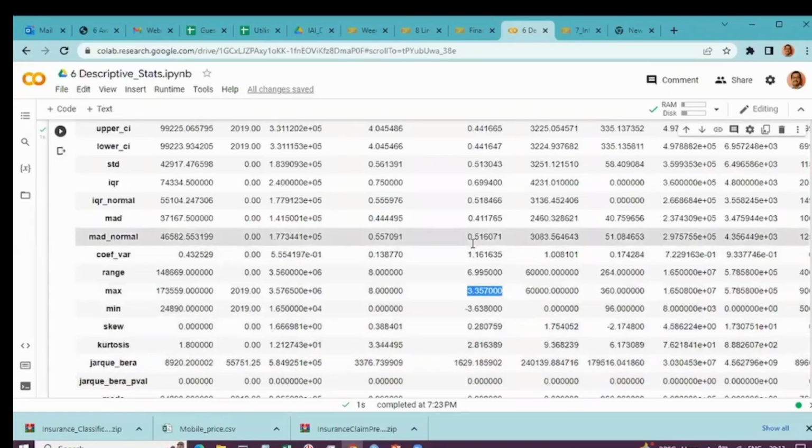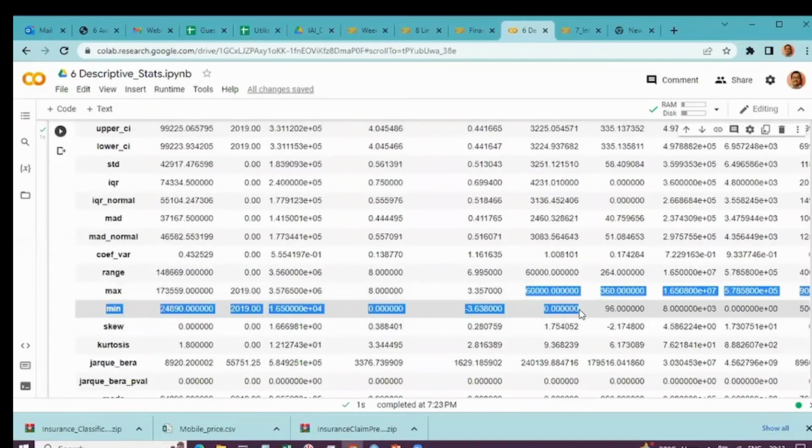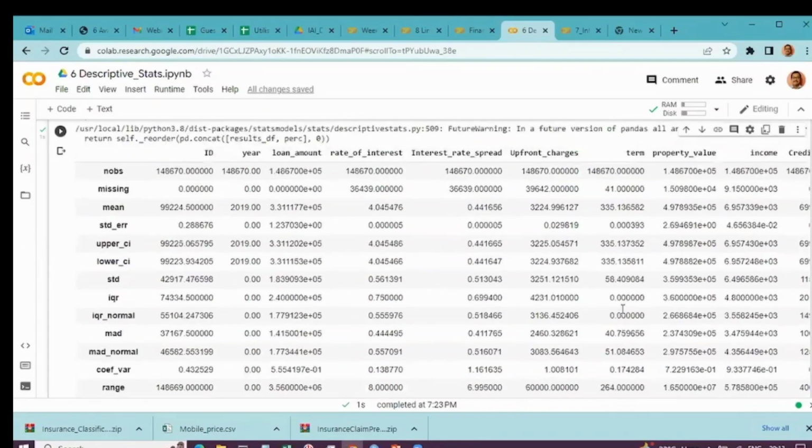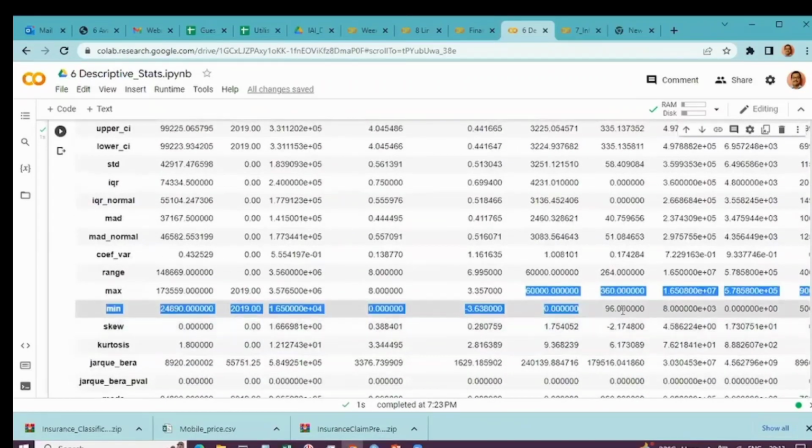But the next, upfront charges are from 0 to 60,000. Okay, some customers you did not charge anything extra. Might be possible. Then the term of the loan ranging from 96 months, which is 8 years, to 360 months, which is almost like 30 years. So very much possible, a 30-year loan.